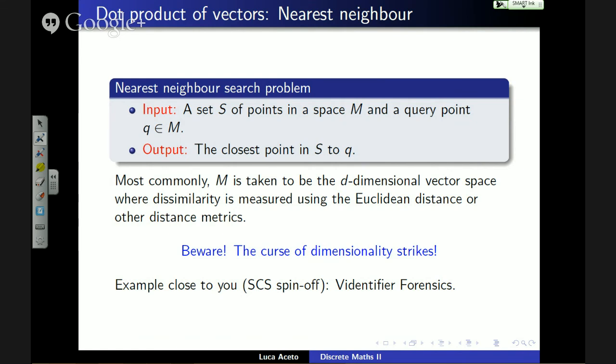So how do you do that? We are solving an algorithmic problem, which is called nearest neighbor search. You got a set of points in some space, and you got a query point. For instance, you want to know whether this point is in the set. What you want to know is actually perhaps this point is not in the set, but is very close to a point in the set.